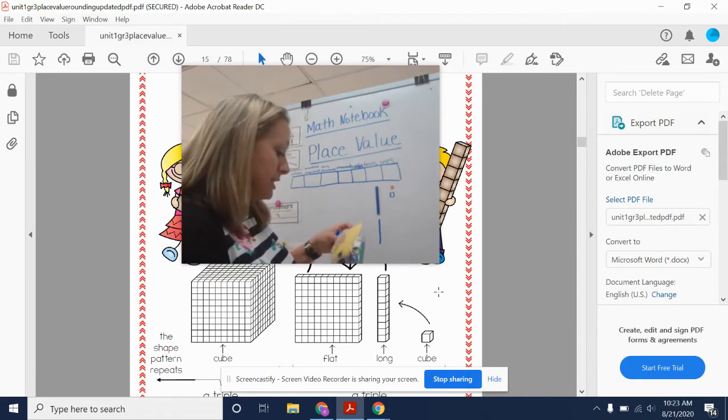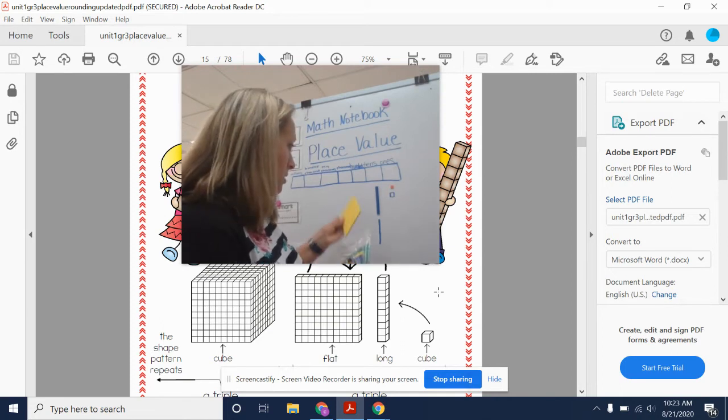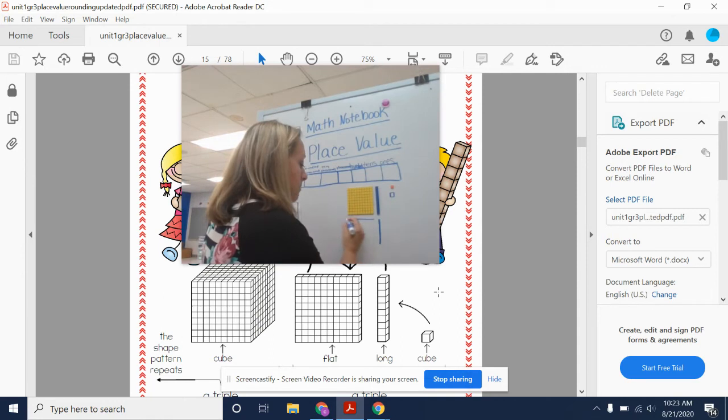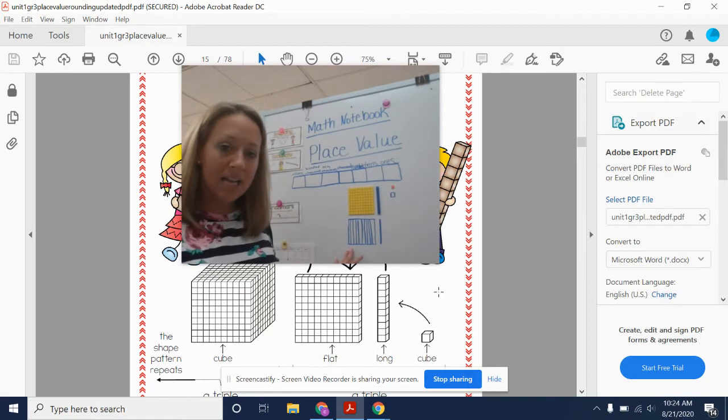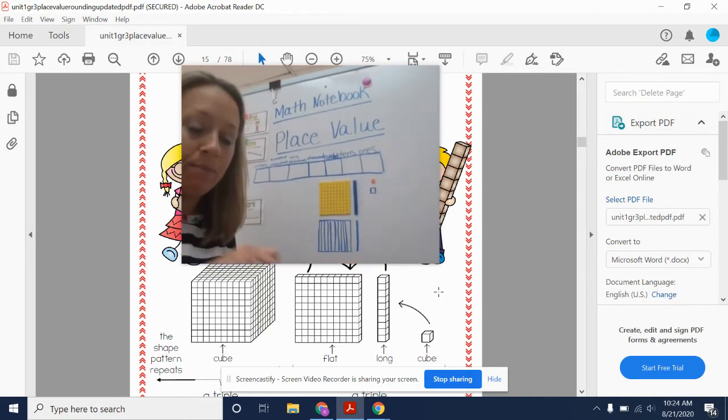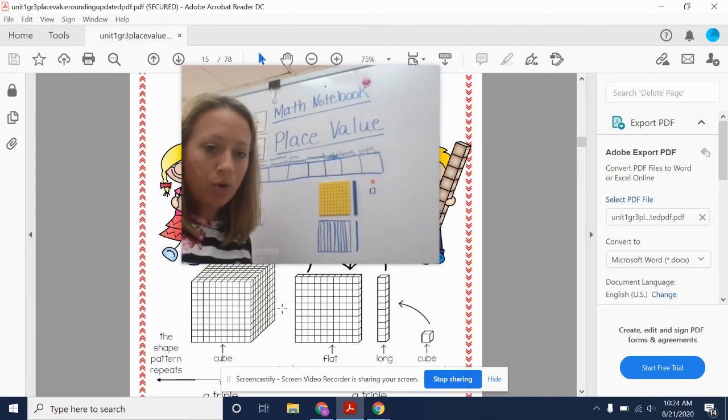Okay, for your hundreds place, you've got this. So it winds up being 1, 2, 3, 4, 5, 6, 7, 8, 9, 10. So I've actually got 10 sticks in here, and it should look something like what you see right here.